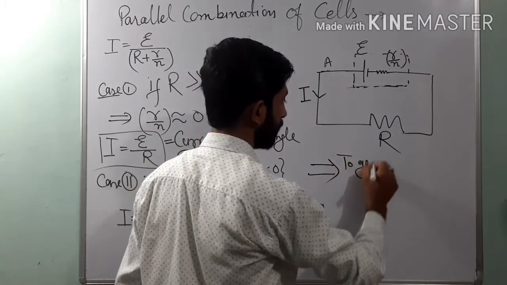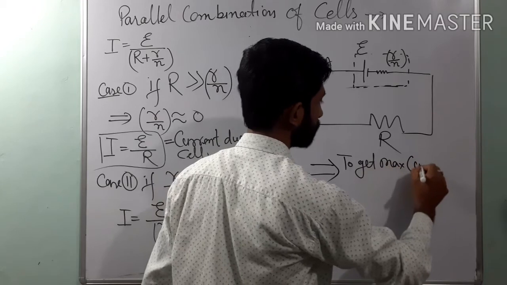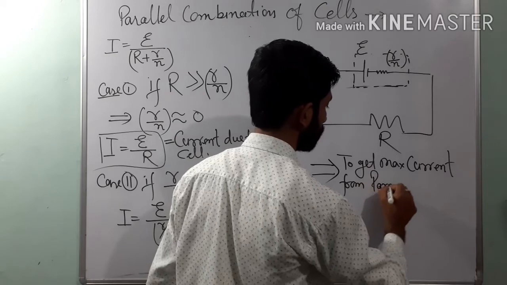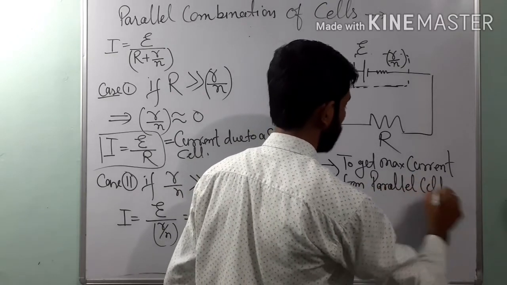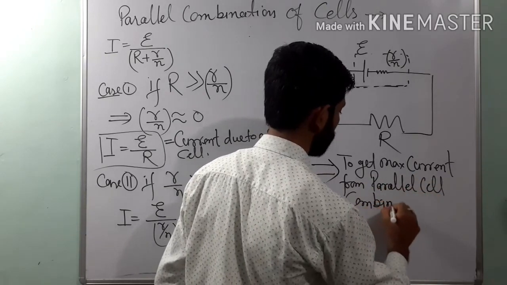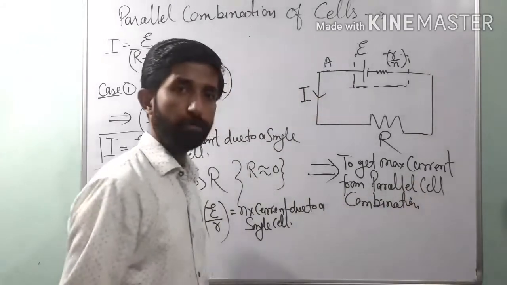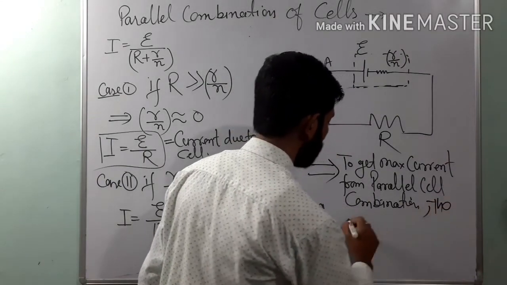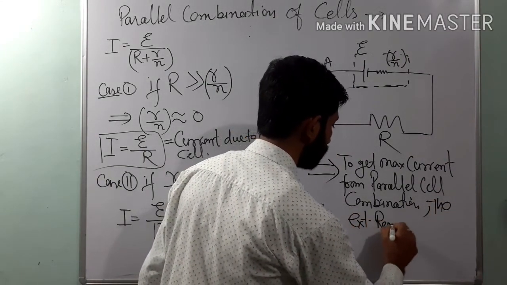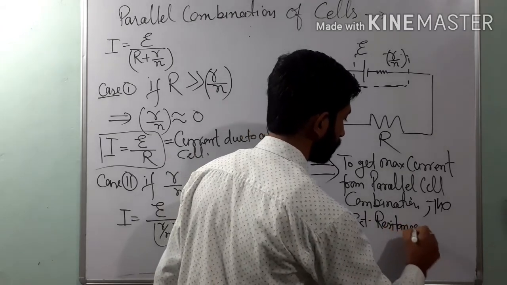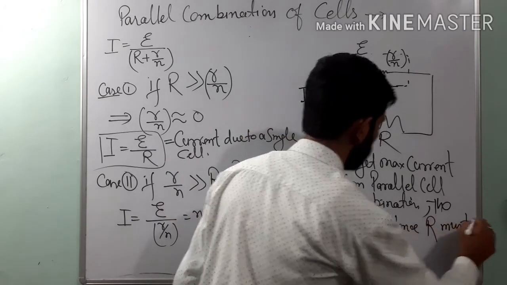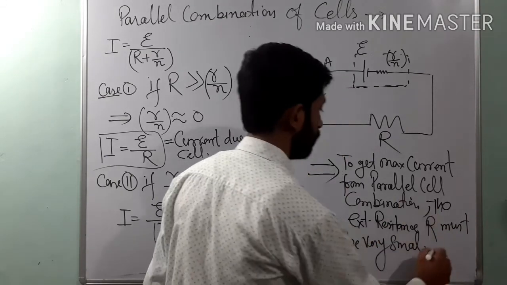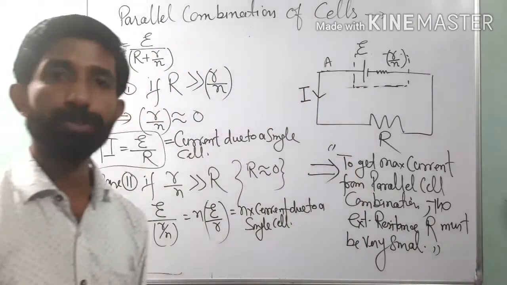To get maximum current from a parallel cell combination, the external resistance R must be very small. This is the last conclusion.